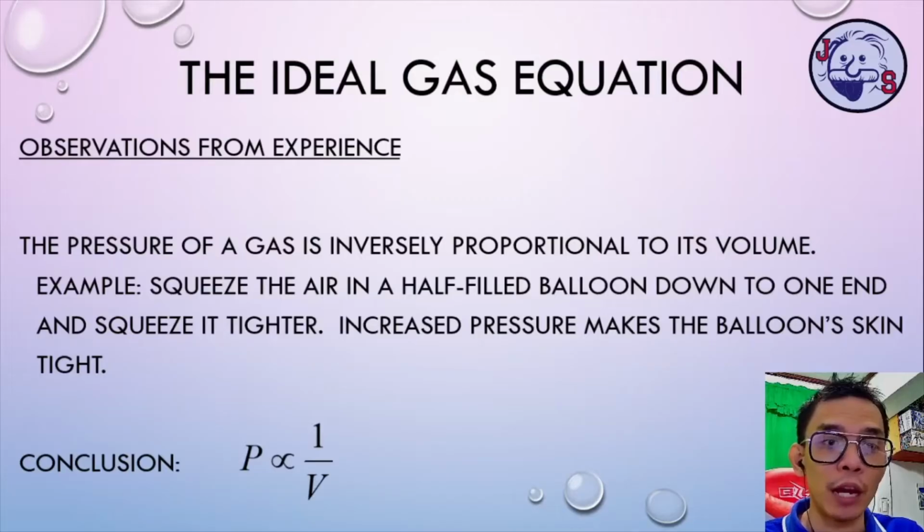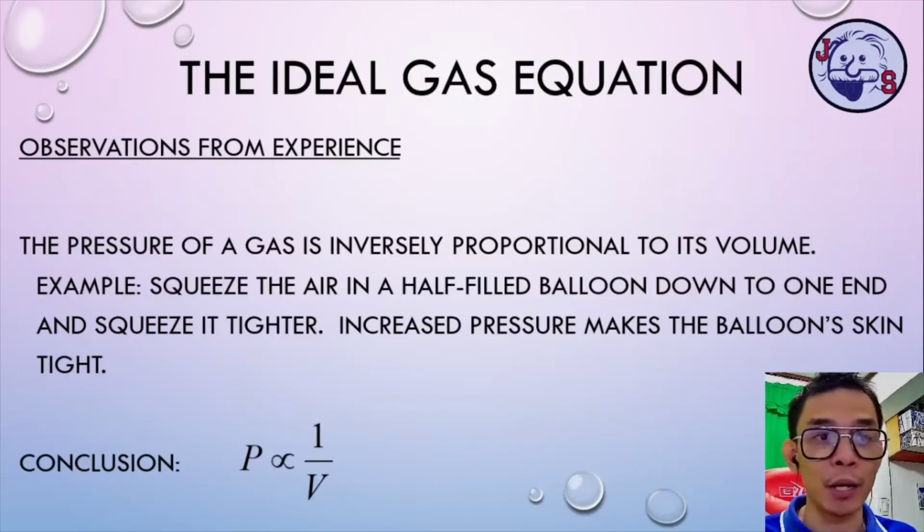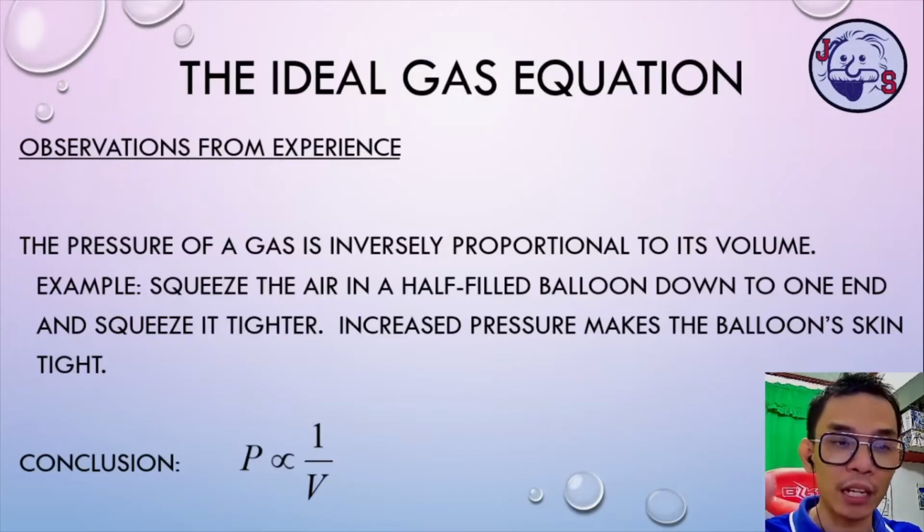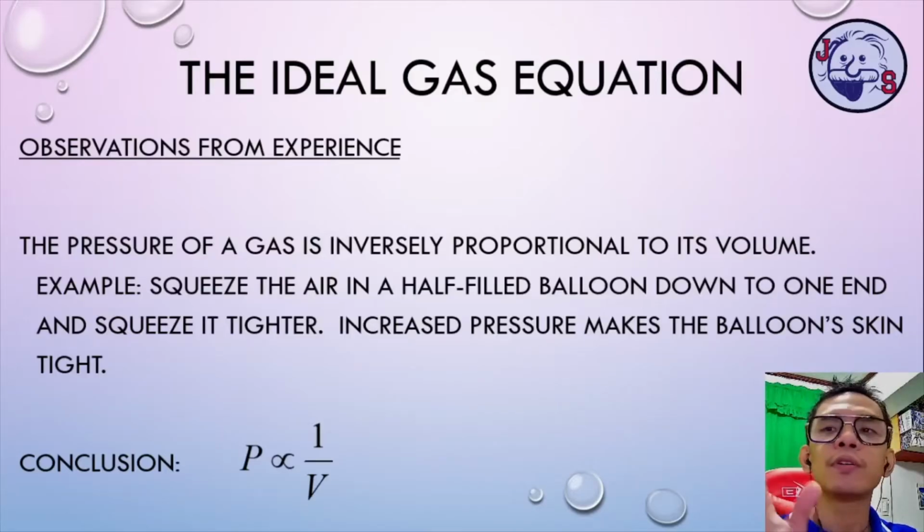Therefore, that is inversely proportional. So, when you squeeze that inflated balloon, it will explode. That is one good example of this relationship. Again, this is an inverse proportion that tells us that pressure is inversely proportional to volume.